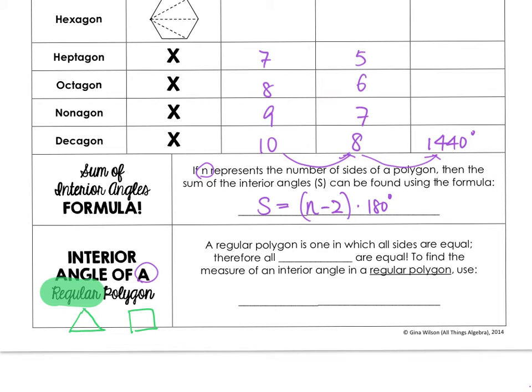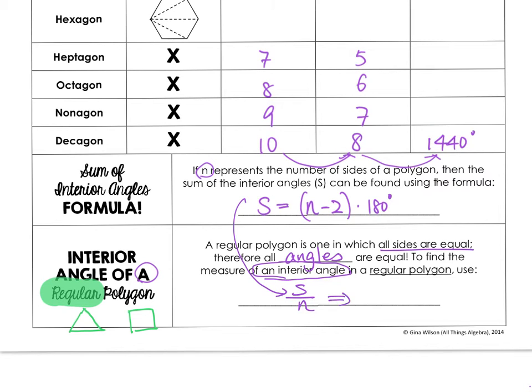It says a regular polygon is one in which all sides are equal. Therefore, all angles are equal. To find the measure of an interior angle in a regular polygon, we use the sum of interior angles, which is what we learned just now, divided by the number of sides.